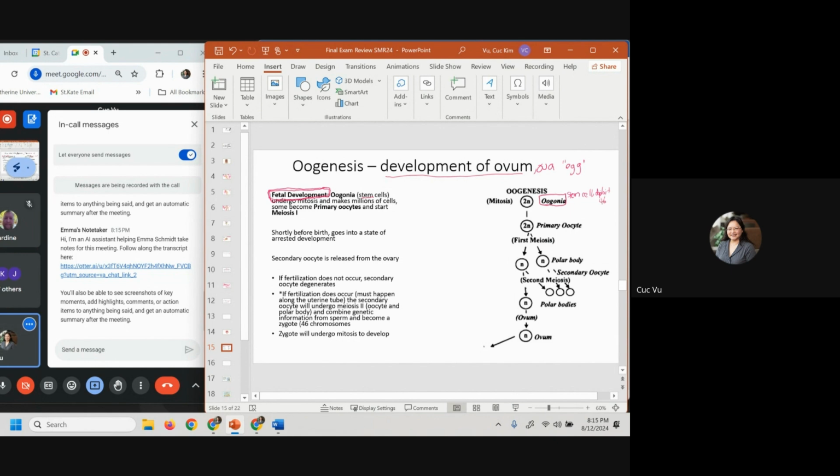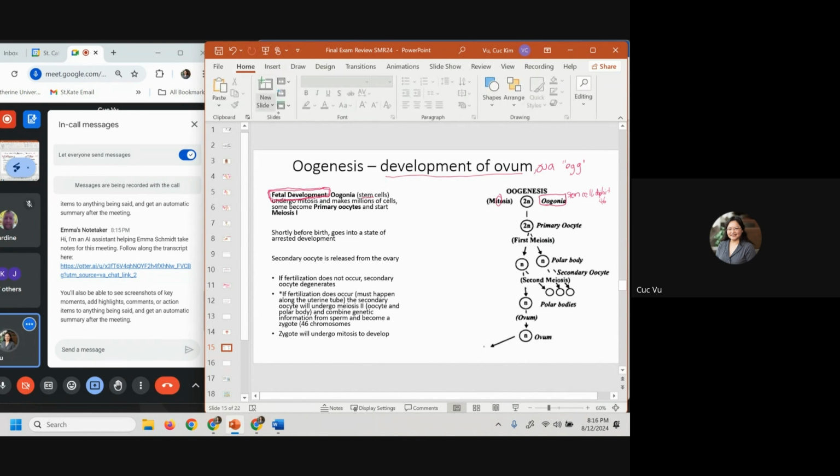Okay. Now, during fetal development, she's going to try to make as many eggs as she will need in her lifetime. So this first part of oogenesis actually involves mitosis, with a T, rather than meiosis, because she's going to try to make as many as she can. Okay. So this first part is mitosis, and this happens during fetal development.